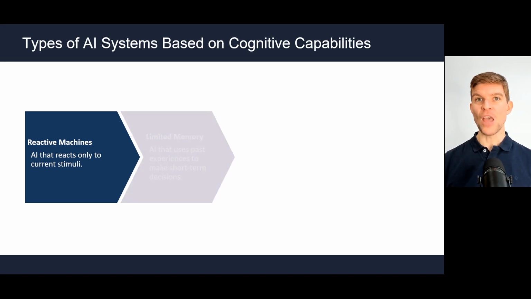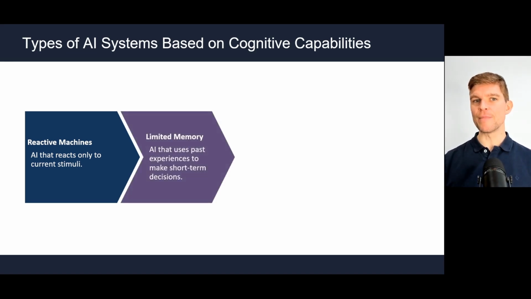This is good in an extremely large number of cases where we do not want a system to be doing more than it should. Then we have limited memory, an AI that uses past experience to make short-term decisions. Now, think about your loan granting AI. Okay, this is a highly sensitive system, but you'd want an AI that can maybe understand the past interactions with the client, but maybe it shouldn't understand or at least remember the confidential data that was given to it from past clients.